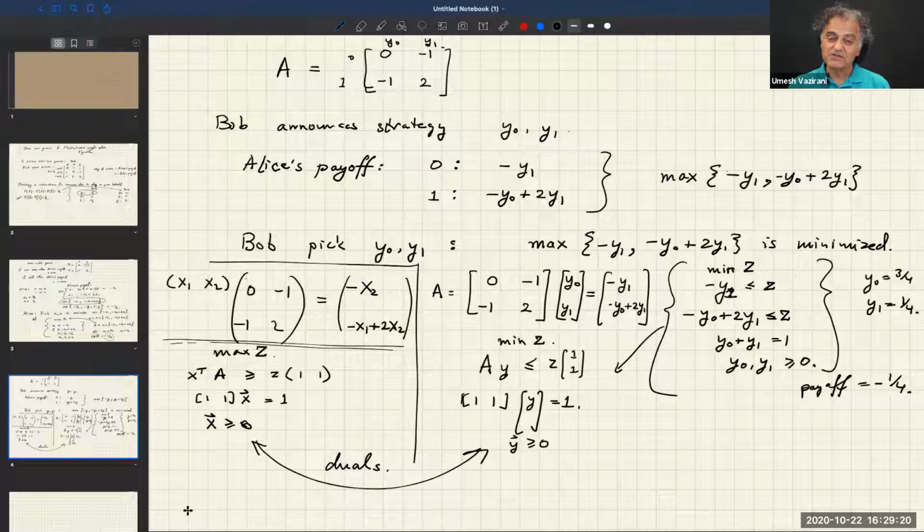Okay. So the story about this is actually very interesting. Back in 1947, George Danzig, who invented the simplex method, was visiting the Institute for Advanced Studies in Princeton. And he went in to talk to von Neumann to tell him about his discoveries.